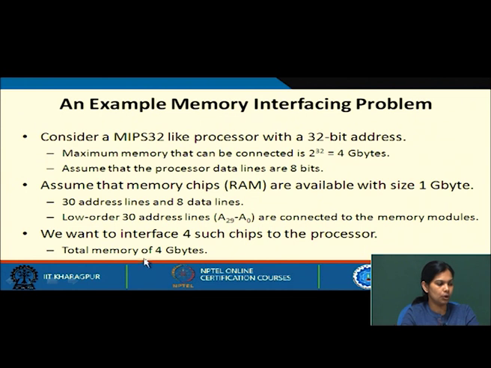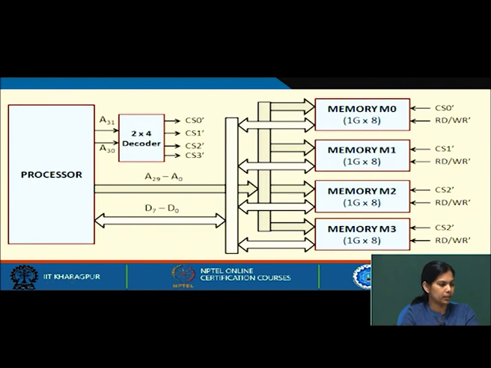So, total memory of 4 gigabytes we need to make. Let us see how we are doing here. We require 4 such chips, these are the 4 chips, and then the 30-bit address A0 to A29 is connected to all the memory modules.